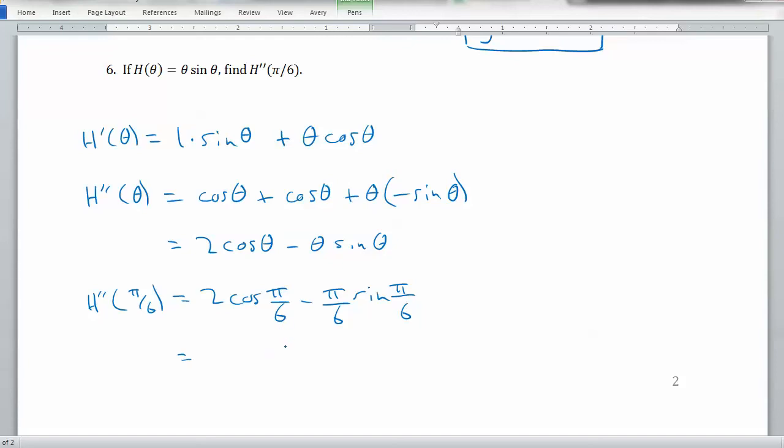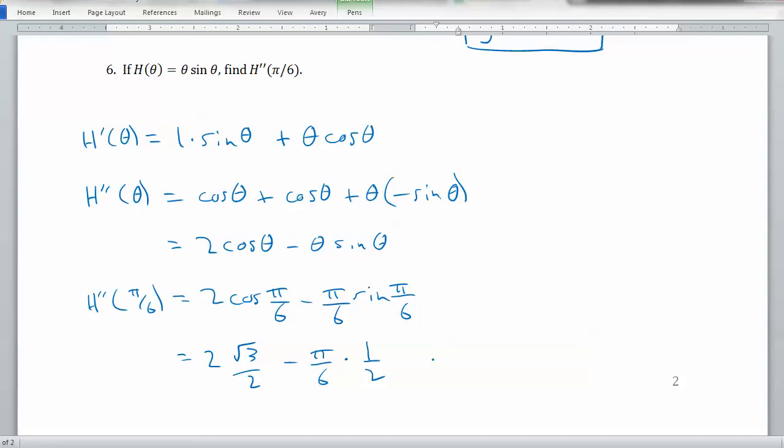Pi over 6 is 30 degrees. And so I suppose that cosine of 30 should be root 3 over 2. And sine of 30 degrees should be 1/2. And if you don't have a good way of memorizing those, then I will show you one in a few days that helps me remember them.